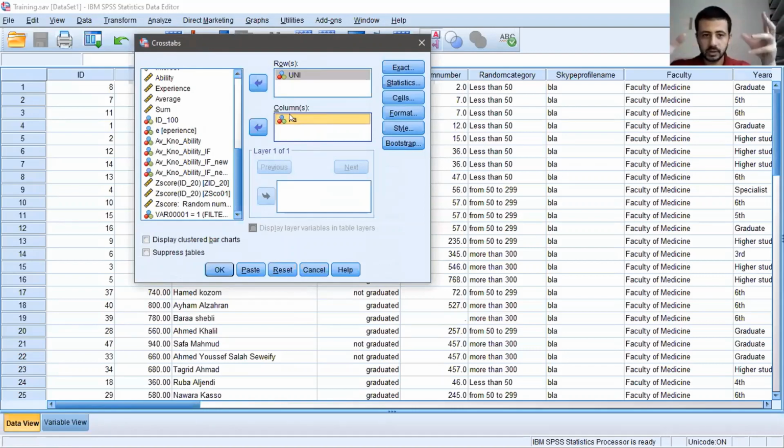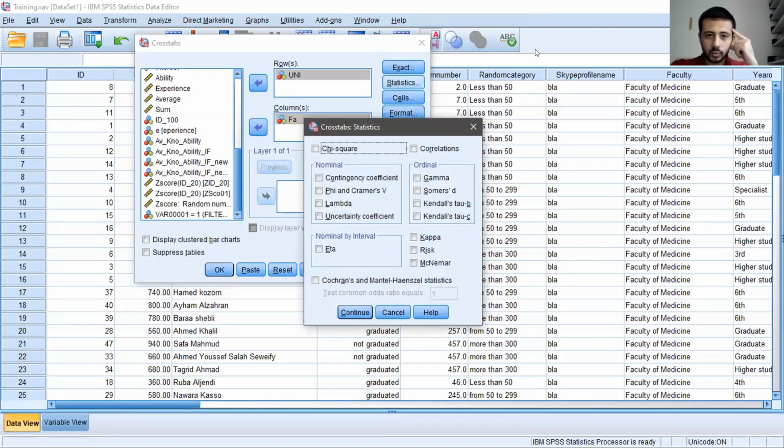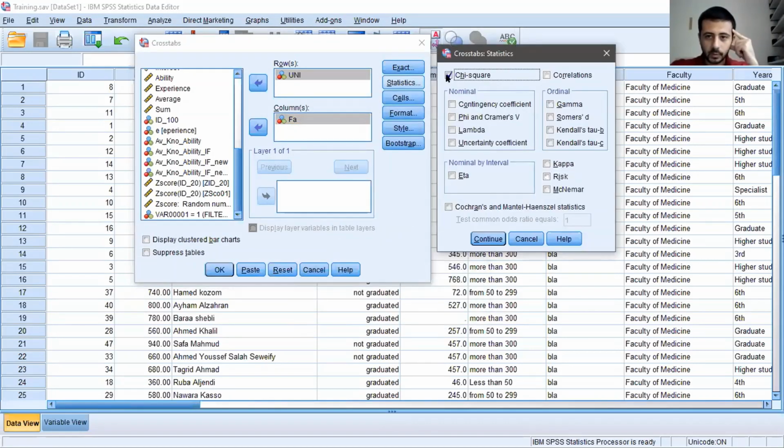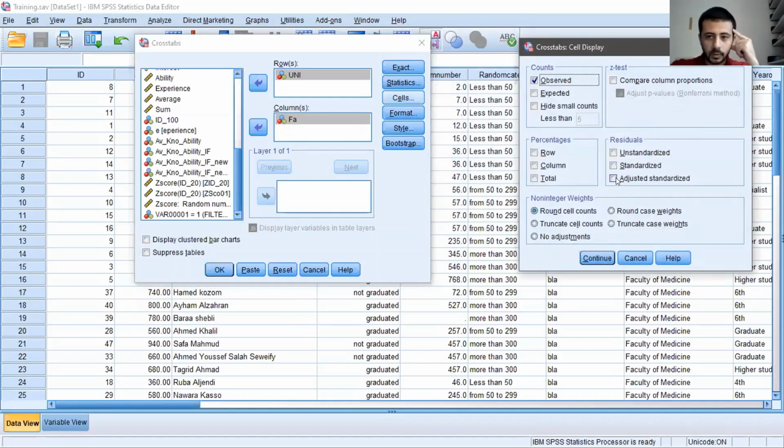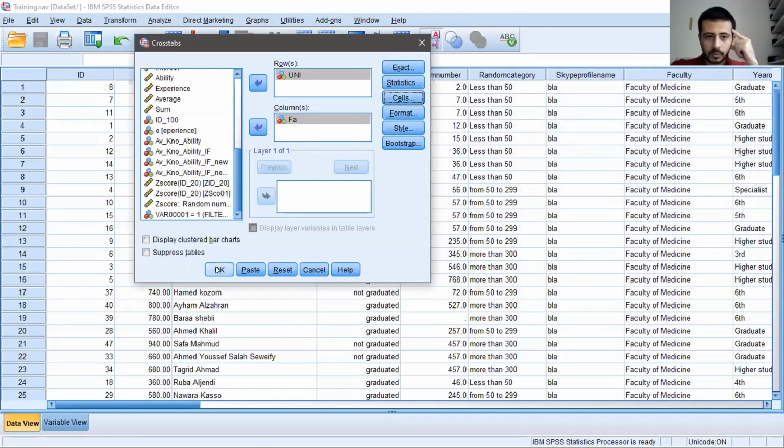I just erased the other groups. What are the statistics we need to use? The chi-square. And for the cells, we need the Z values and we need the percentages for rows. Continue.